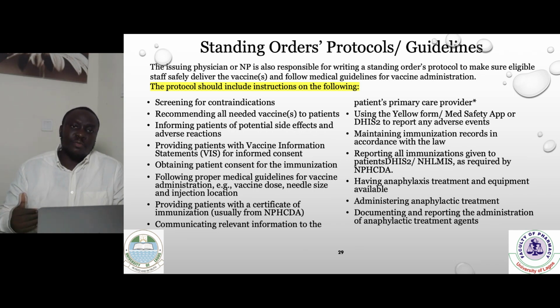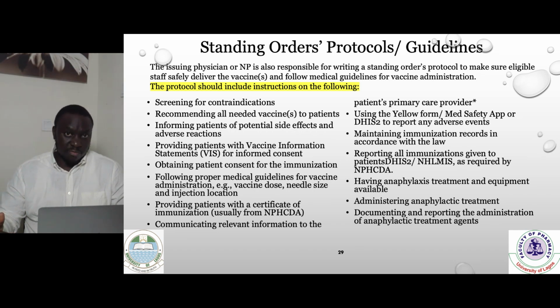After you've obtained the informed consent, it also helps you walk through the process of administering the right vaccine through the right route. It will specify the route of administration. If it's a multi-dose or multi-series vaccine, it will tell you what the first dose should be, the duration between that and the next dose, and the duration between that and the final dose.